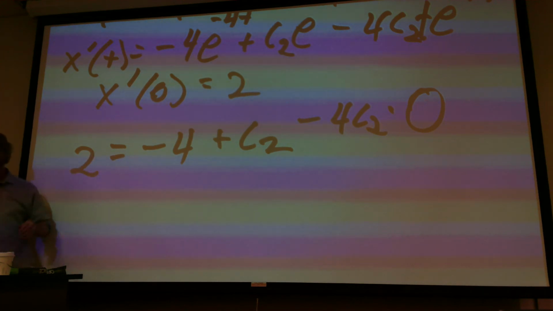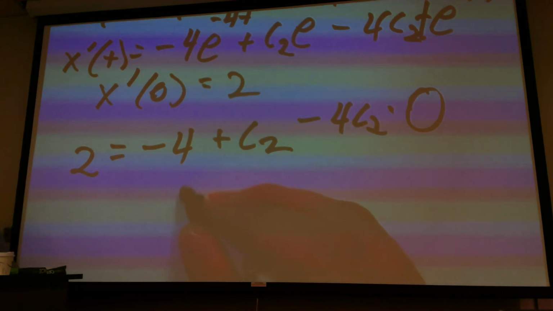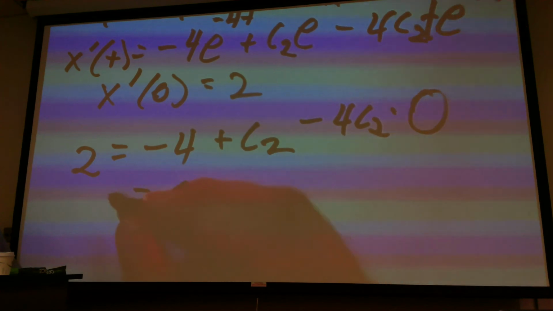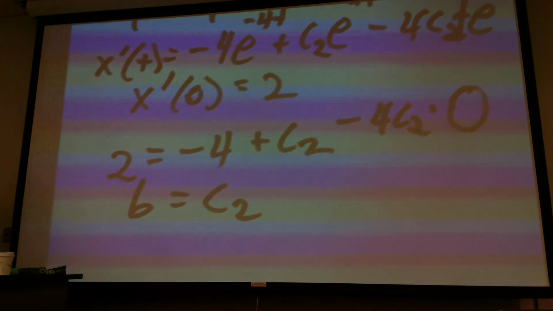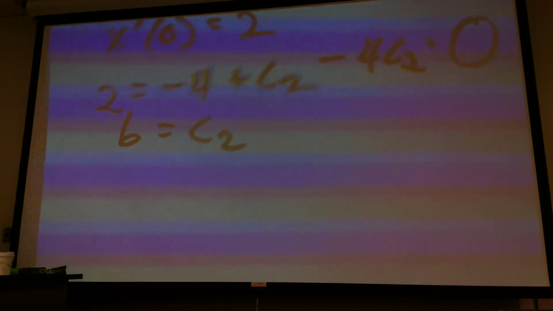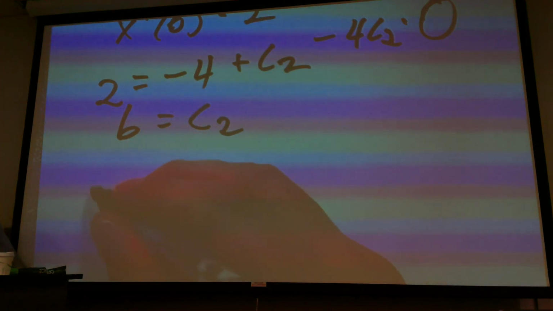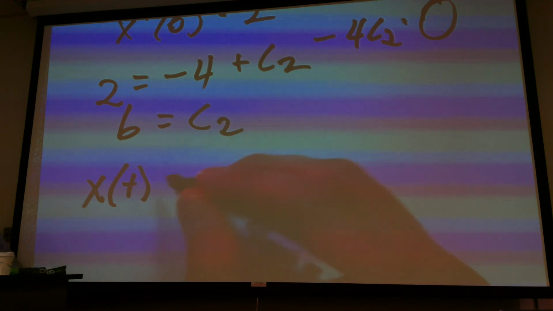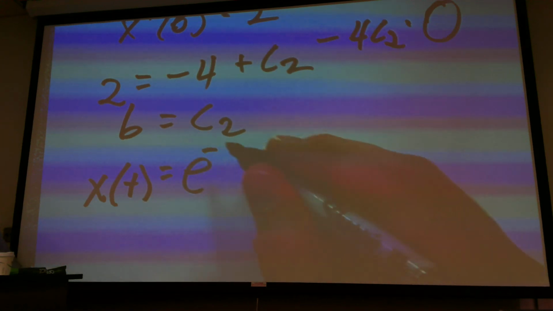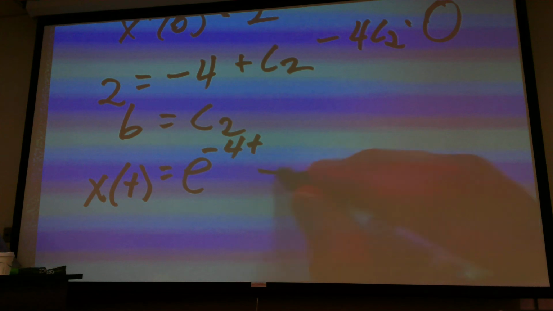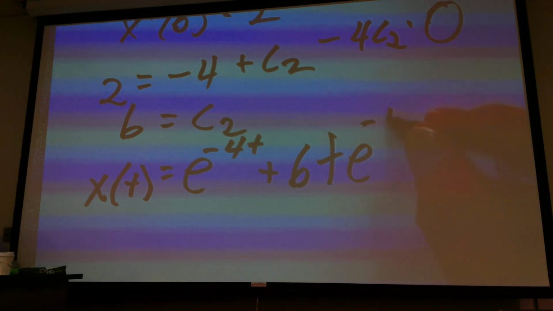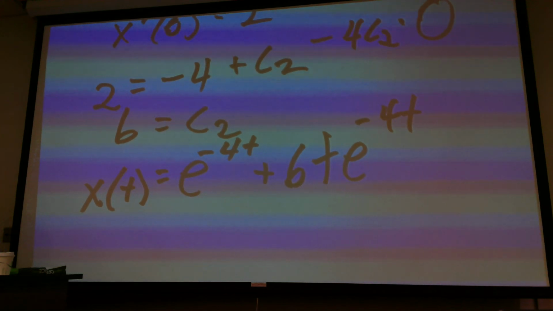If I move the 4 over to the side of the problem, c2 equals 6. So x of t equals e to the minus 4t plus 6t e to the minus 4t. And that is the solution to our problem, the equation of motion of that mass on that spring.